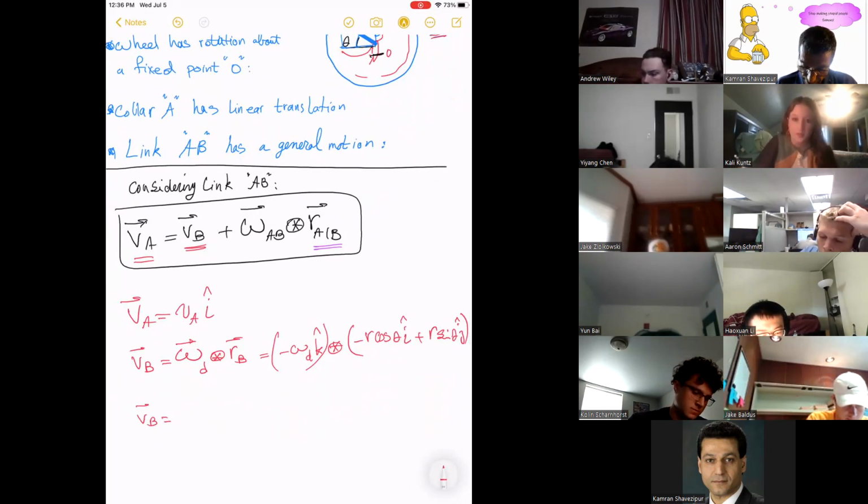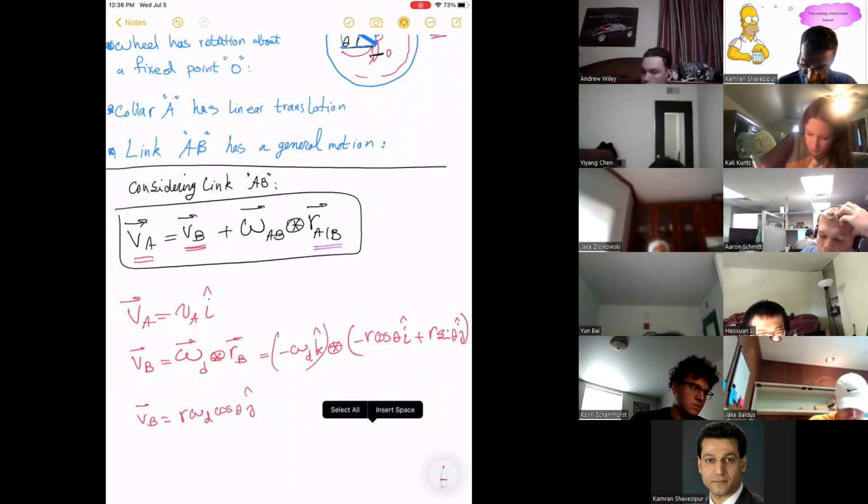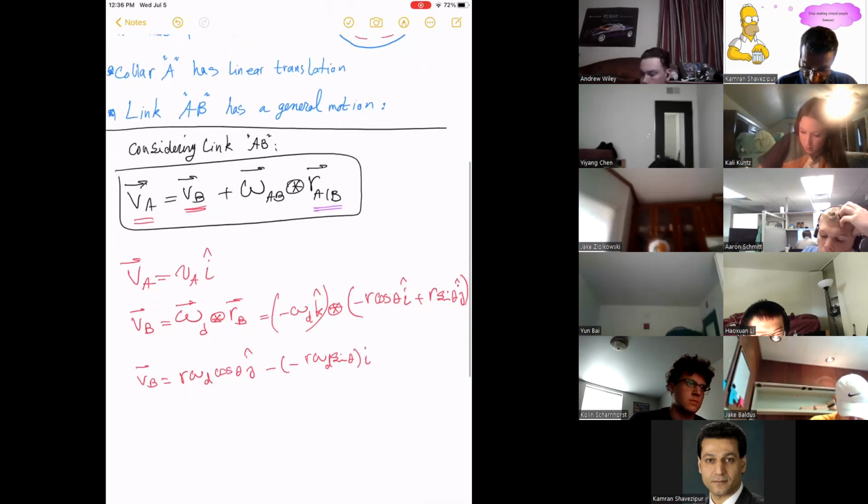You're going to get R omega D cosine theta j minus R omega D sine theta i, which if simplified is going to be R omega D sine theta i plus R omega D cosine theta j.